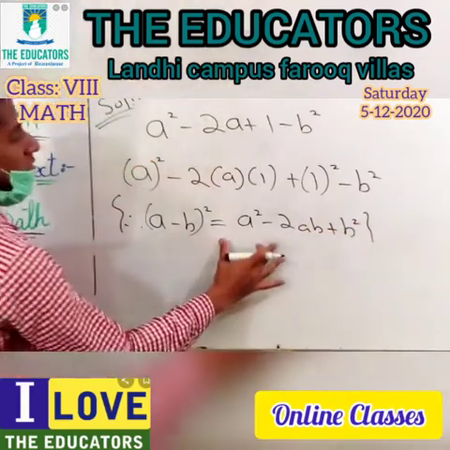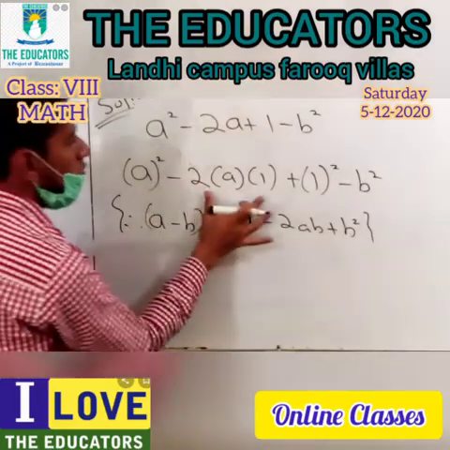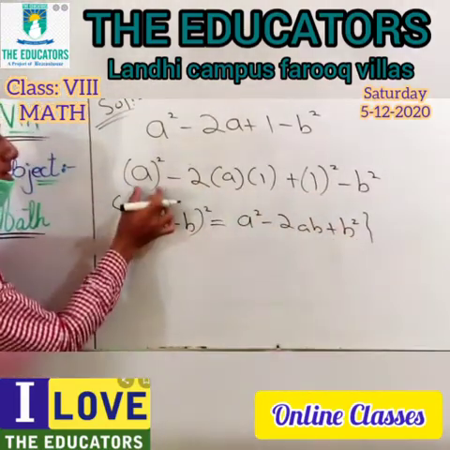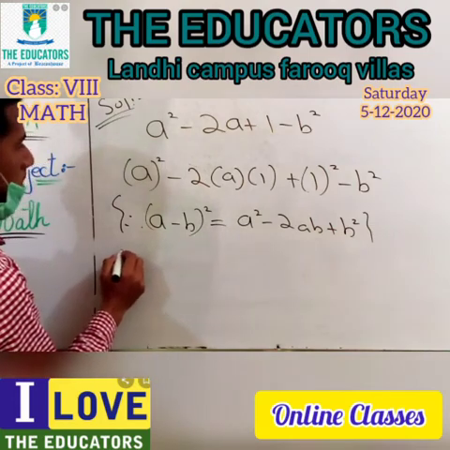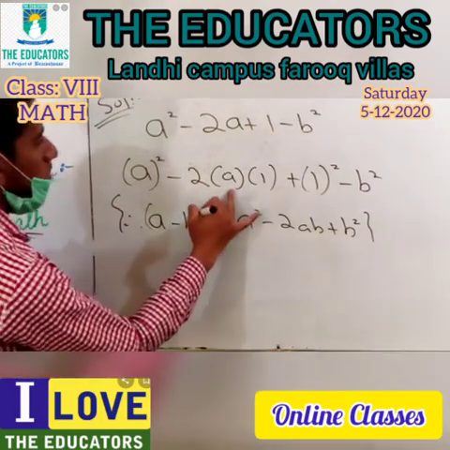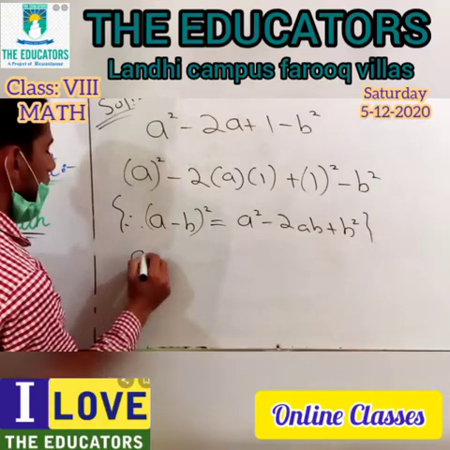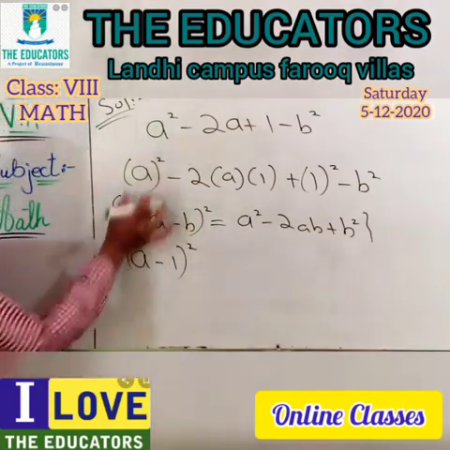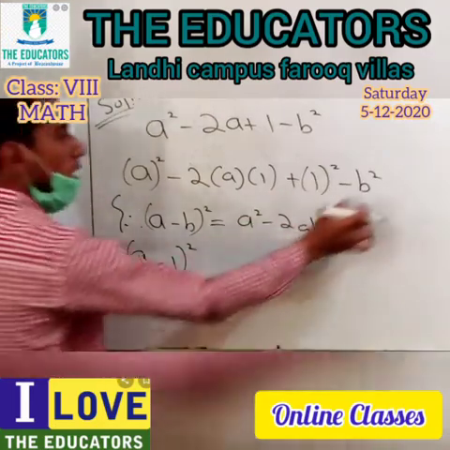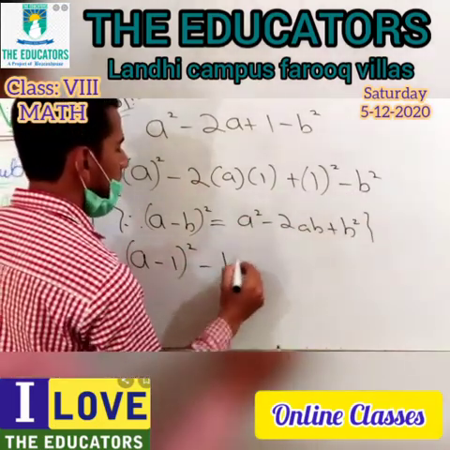I'm using this formula here, where a is a and b is 1. So we will get a minus 1 to the whole square. Keep in mind, a is a and b is 1. And then minus b square comes as it is.